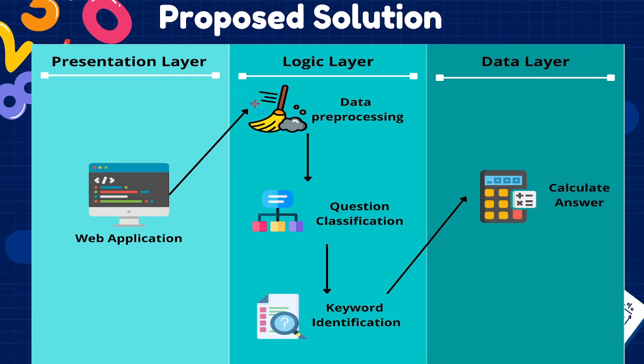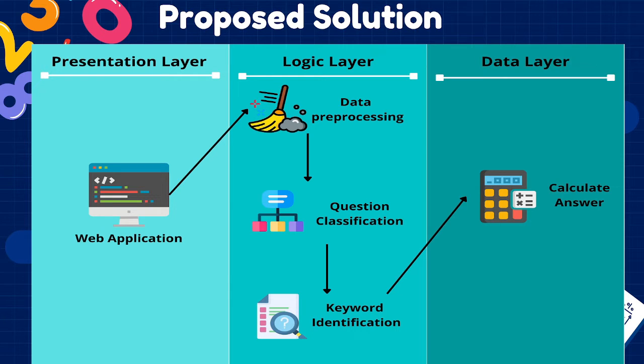So after classifying the question, the keyword identification process would identify the keywords. In this sense, the numerical values will play a huge role in generating the answer, and then the other keywords in the question that might help to calculate the answer.